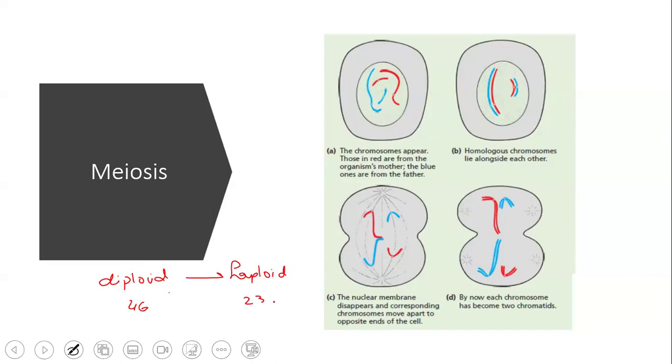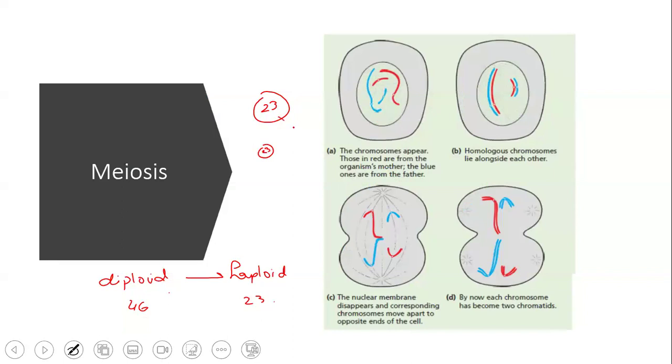Why though? Why does that need to happen? Why can't the body just use mitosis again? Because in sexual reproduction, we have got two gametes. We have got the male gametes and we have got the female gametes, right? Now, the male gamete will have 23 chromosomes. The female gamete will also have 23 chromosomes.